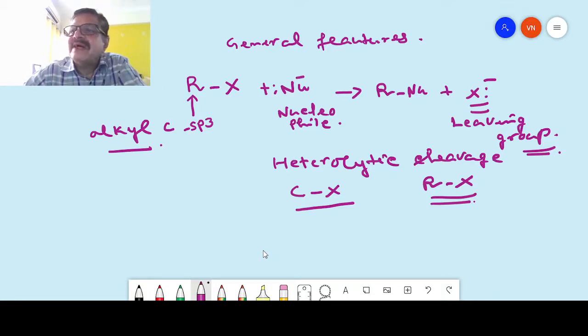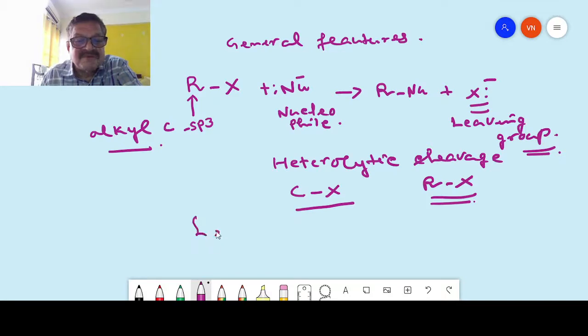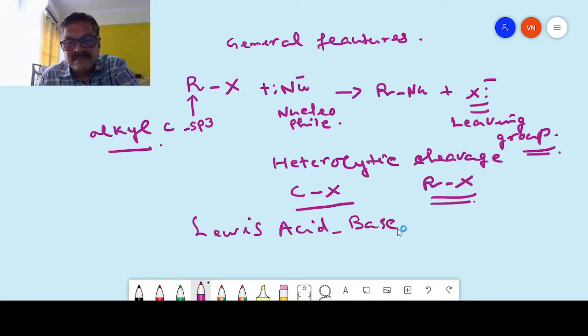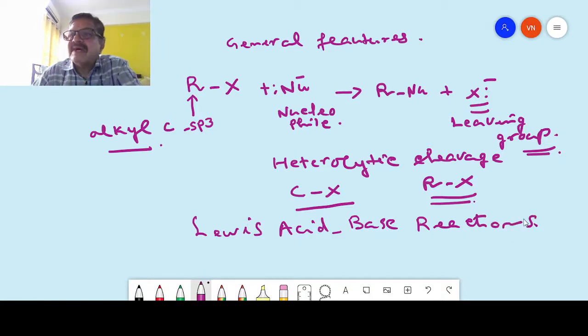Now, these are basically Lewis acid-base reactions.